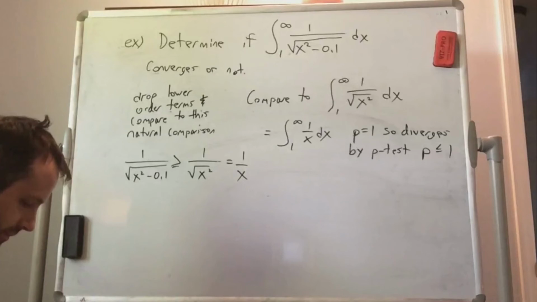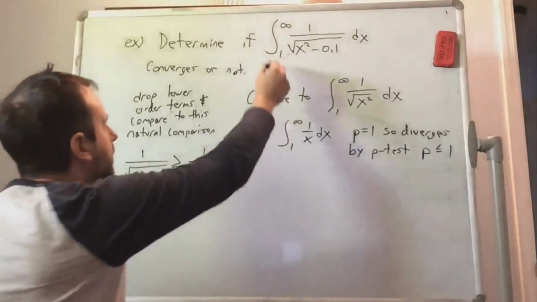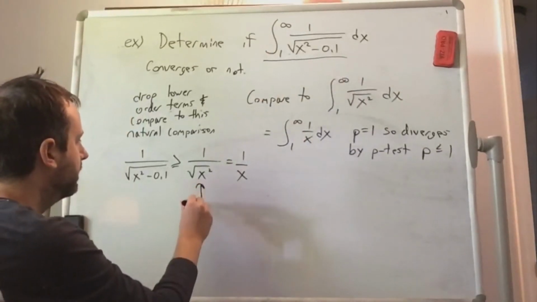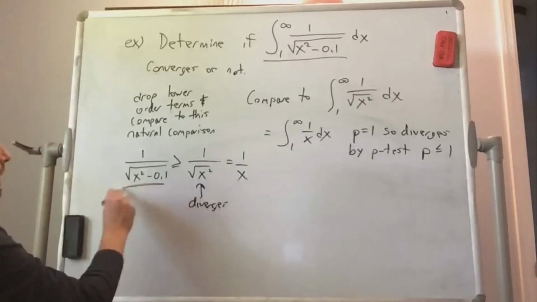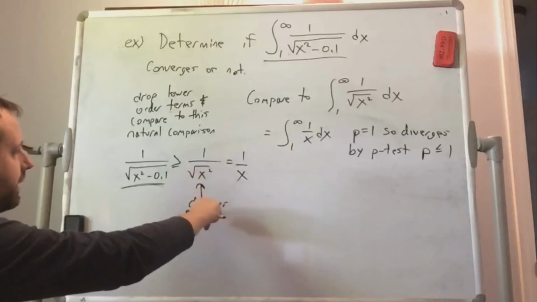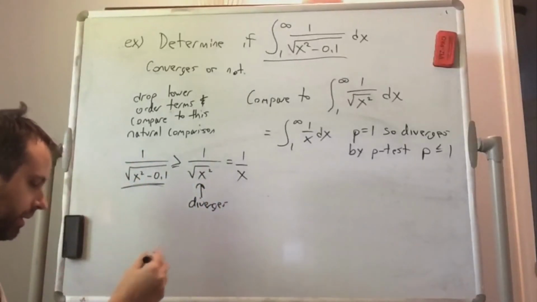So now I have to go back to say, what does this do? This one diverges, and this one is always bigger than that. So if this goes to infinity and this is bigger than it, it also has to diverge.